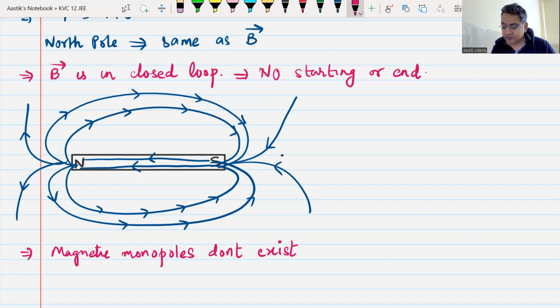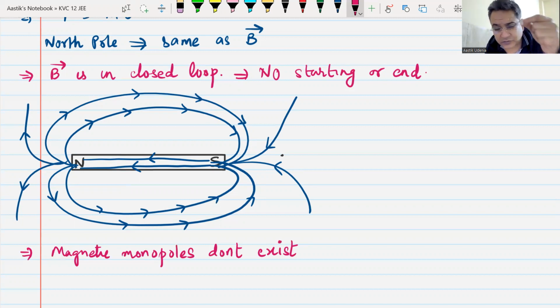That means you cannot have a single north pole and you cannot have a single south pole. Wherever there is north pole, there is south pole. Wherever there is south pole, there is north pole. You can cut a magnet into infinite pieces, but you will never get one pole.